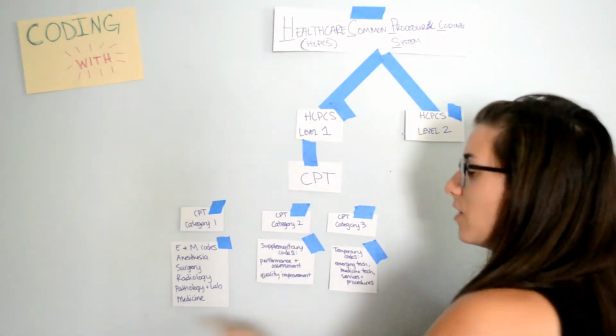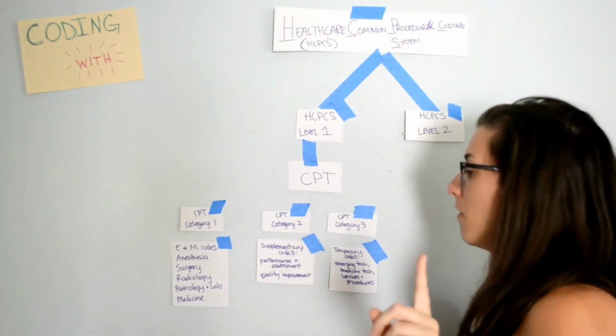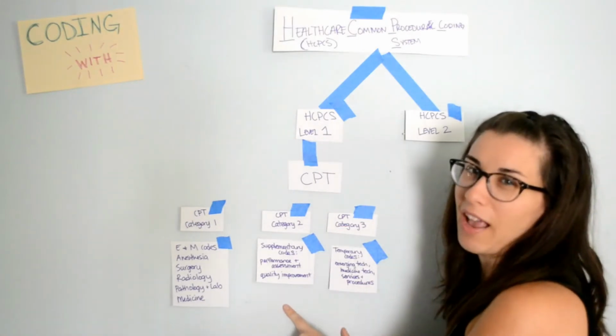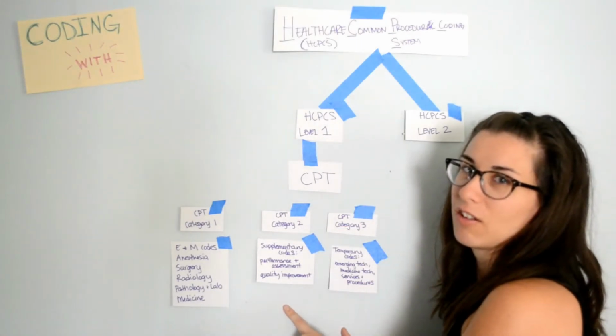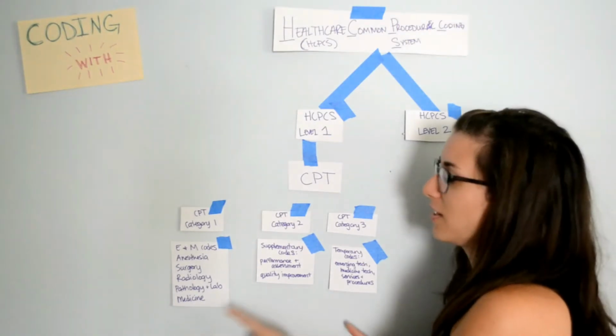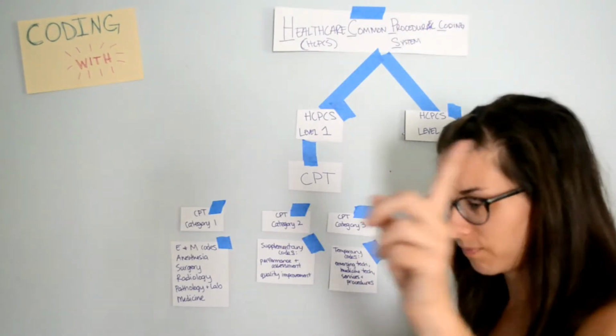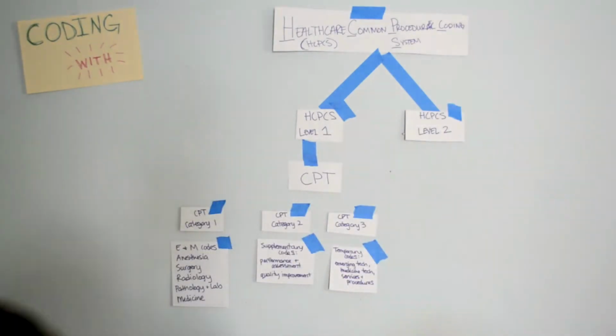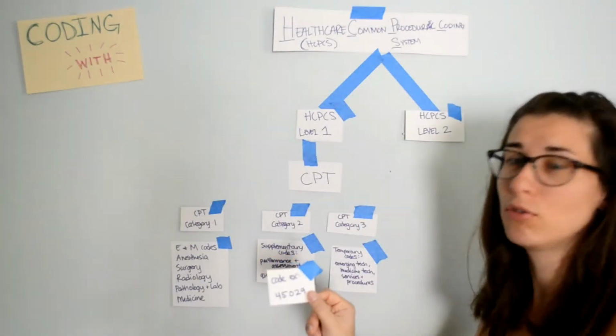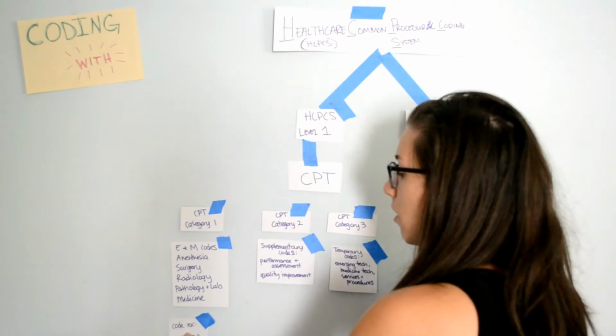Now we have to figure out what these codes look like, because I know that Category 2 and Category 3 have a letter stuck in there, whereas Category 1 is just all numbers. So all numbers, like 45029, that's what you'd find in Category 1 codes.